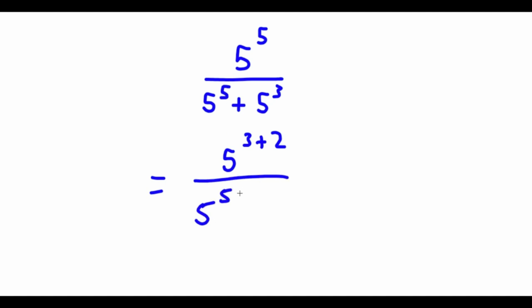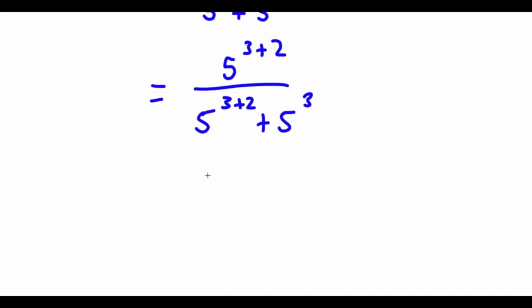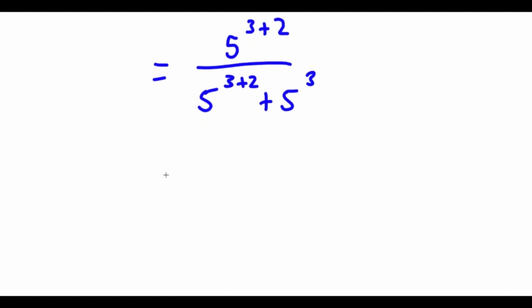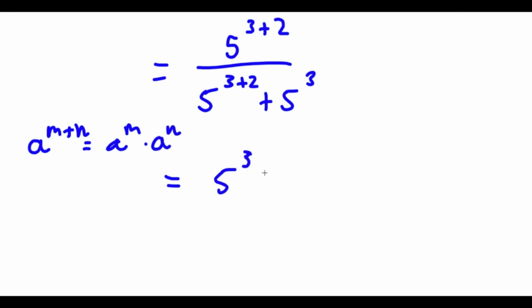I'm going to replace that with 5 to the power of 3 plus 2, and then I have my plus 5 to the power of 3. Now, if I have something in the form a to the power of m plus n, this is equal to a to the power of m times a to the power of n. So 5 to the power of 3 plus 2, that's going to equal 5 to the power of 3 times 5 to the power of 2.